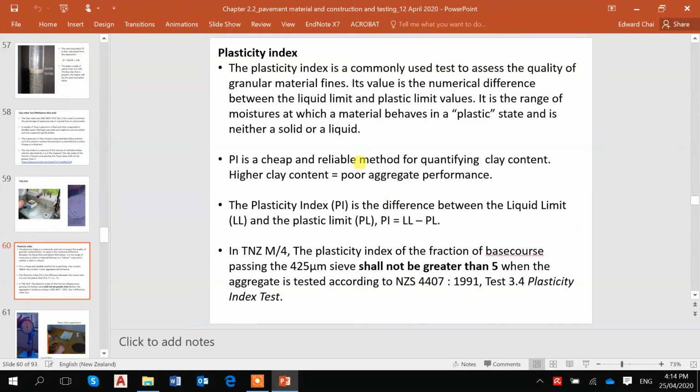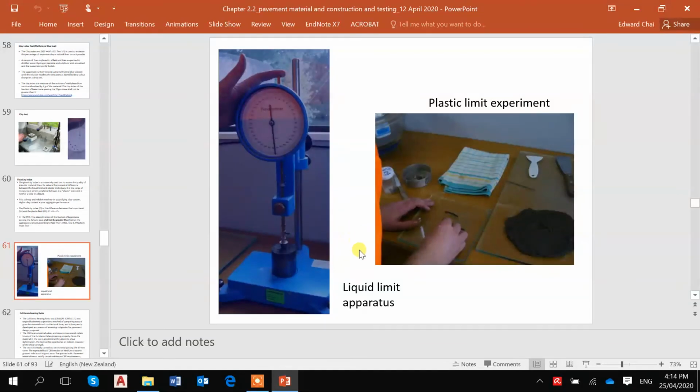Plasticity index. This is basically just doing two experiments: the liquid limit test and then the plastic limit experiment. For example, for this one you roll the clay into a roll until it cracks.